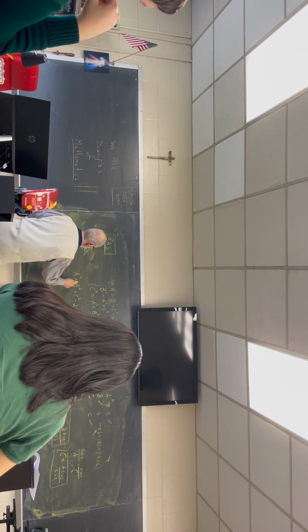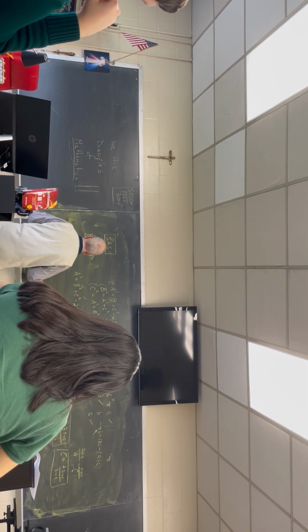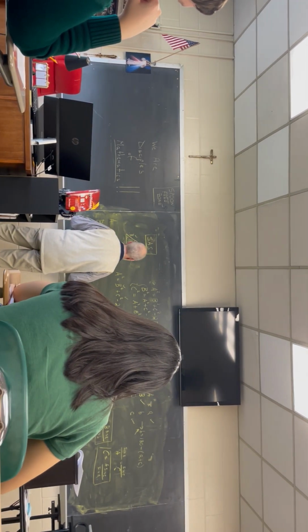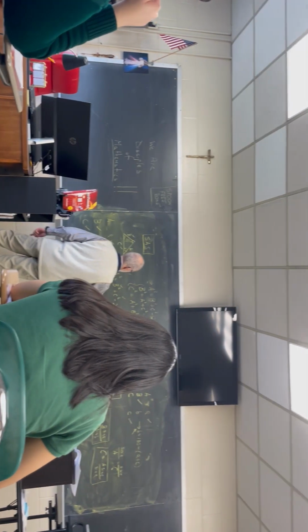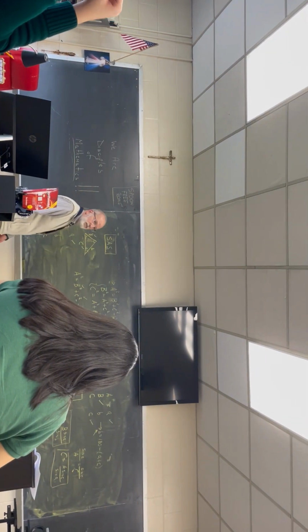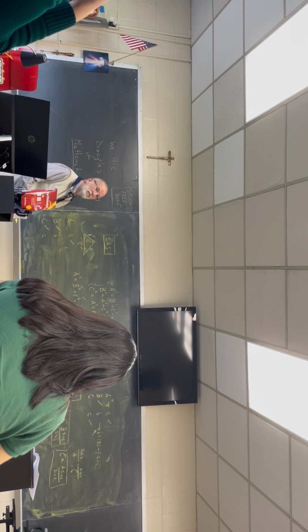Because we know B, we know C, and capital C, and we know BC, and we need the cosine of A, right? So we could easily find A.